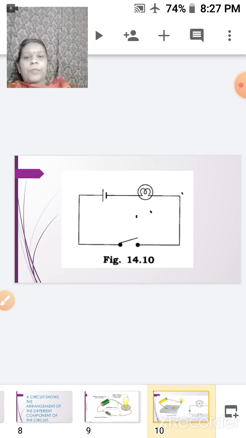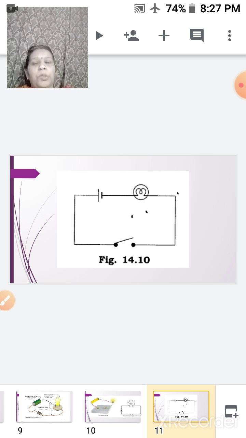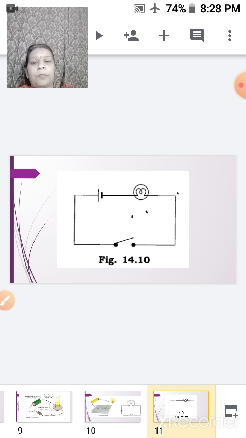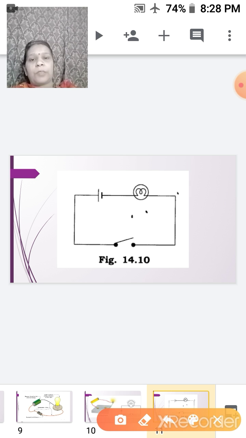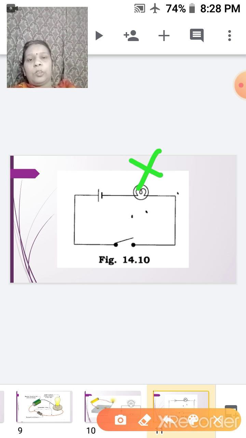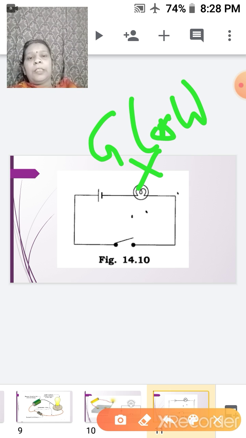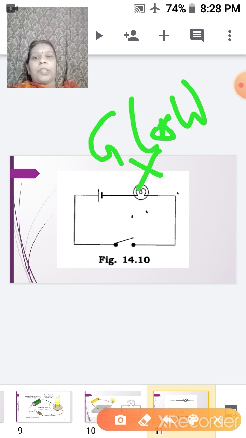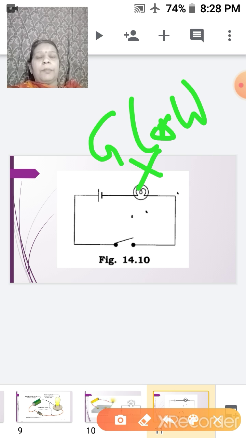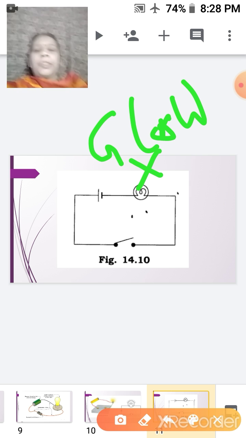The other one, your switch is in the off position. That means the current is not flowing, and since the current is not flowing, this bulb will not glow. Only when the current is flowing, when the switch is on, then only the bulb glows.